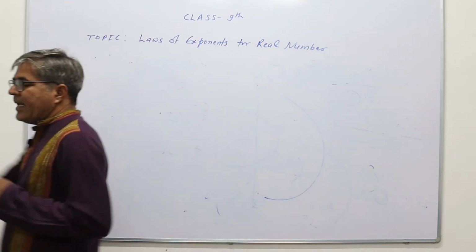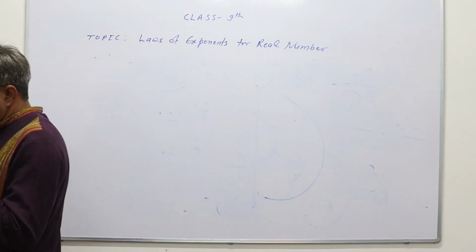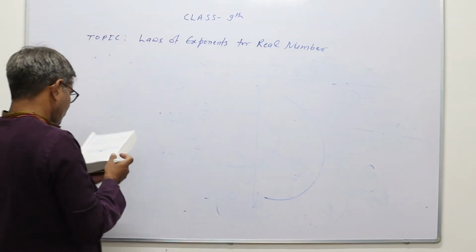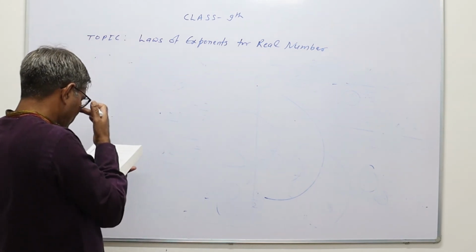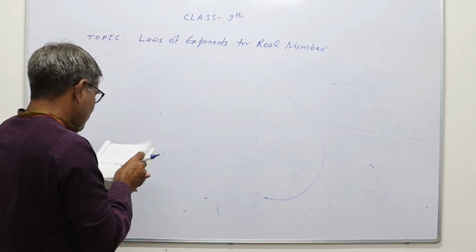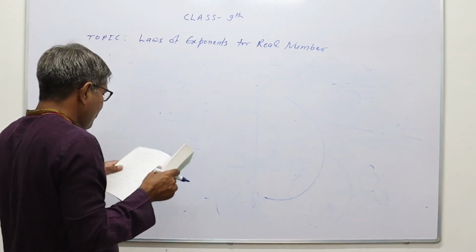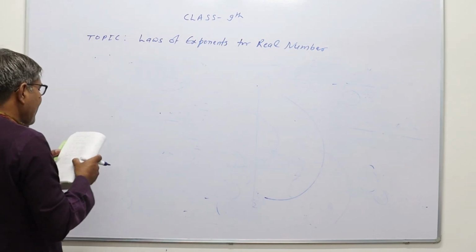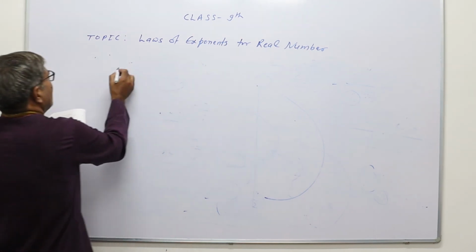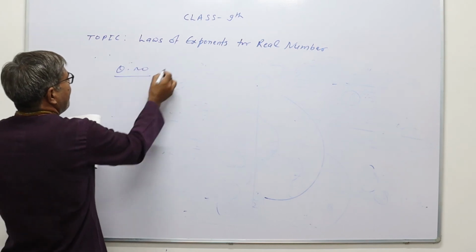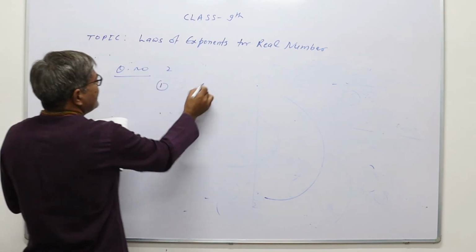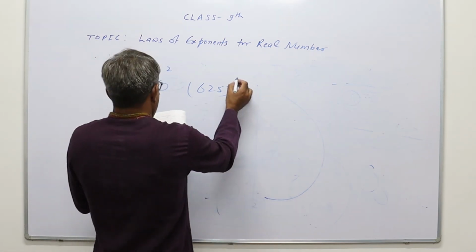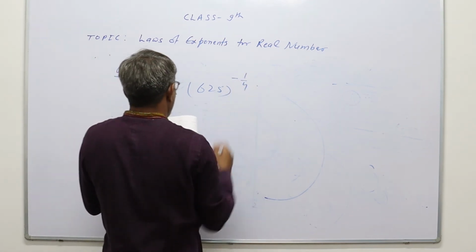Let us take some more examples. Simplify the following. Question number second. First part: 625 whole raised to the power minus 1 by 4.